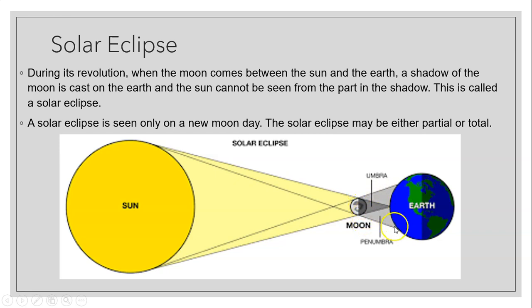So this part of the earth is having a new moon day. So a solar eclipse is seen only on a new moon day. In the umbra region, we have a total solar eclipse, and in the penumbra region, we have a partial solar eclipse.